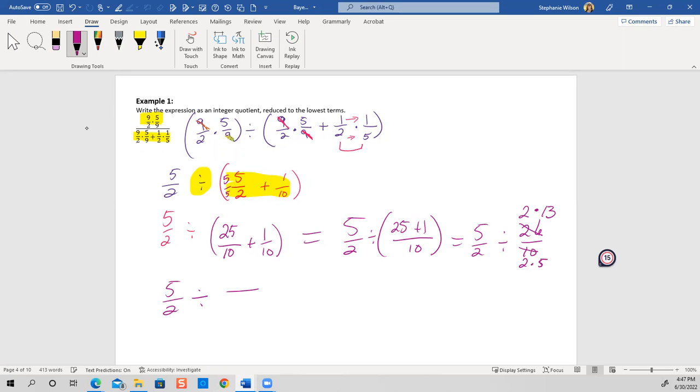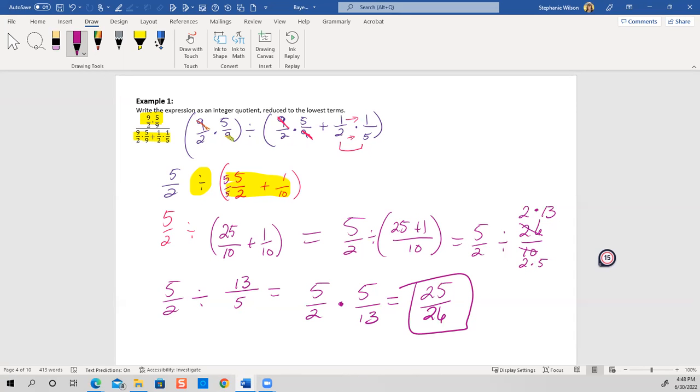So now I have 13/5. Right? Now let's do the keep, change, flip. Keep, change from division to multiplication, and flip. Now that I've already reduced it, I can't reduce any more. We are down to the smallest form. So 5 times 5 is 25. 2 times 13 is 26. And this is my final answer.